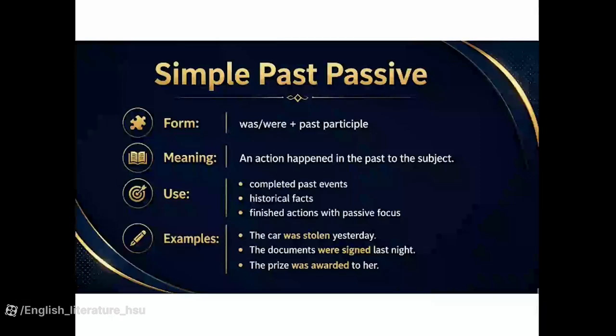And we use simple past passive for completed past events, historical facts, or finished actions with passive focus. For example, the car was stolen yesterday. The documents were signed last night. The prize was awarded to her. Was stolen, were signed, was awarded. These are simple past passives.